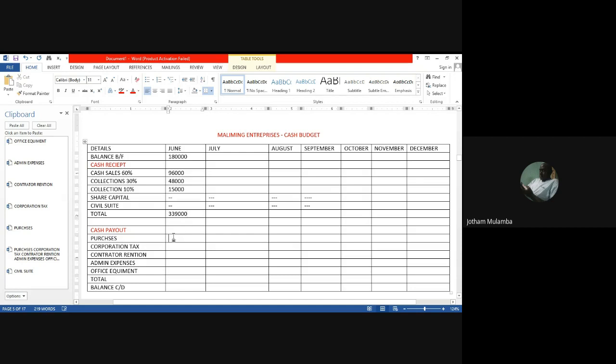So now we can progress to cash payouts. Somebody to read for us additional information on suppliers. Suppliers are paid one month after delivery of goods.